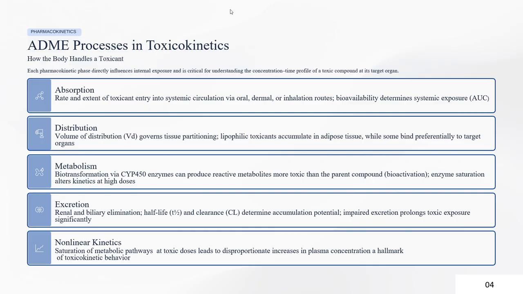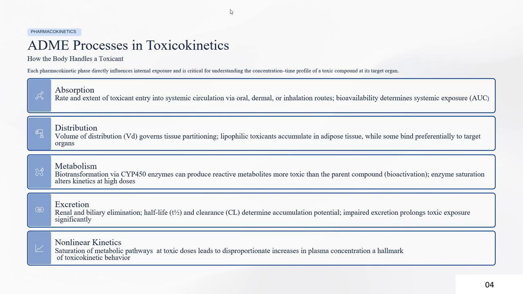Then, the ADME process in toxicokinetics. This is how the body handles a toxicant when it gets absorbed, distributed, metabolized, and excreted from the body, as well as how we understand non-linear kinetics. Each pharmacokinetic phase directly influences the internal exposure and is critical for understanding the concentration and time profile of a toxic compound at the target organ.